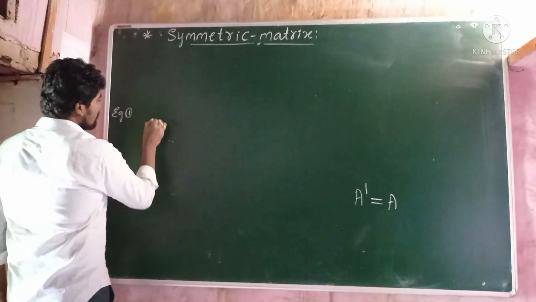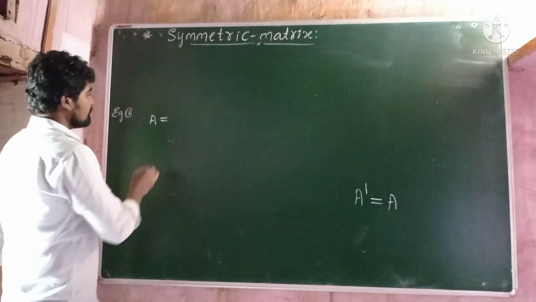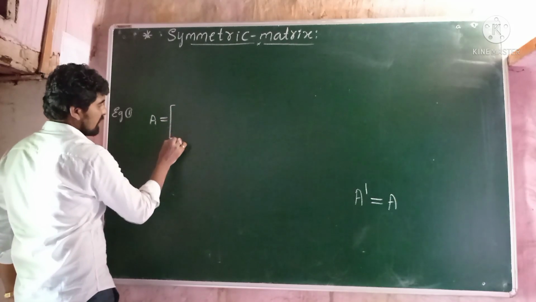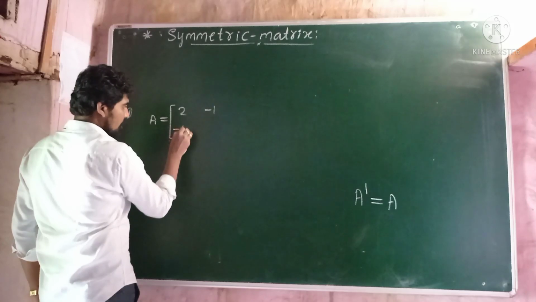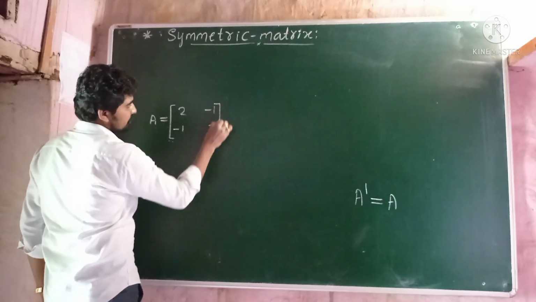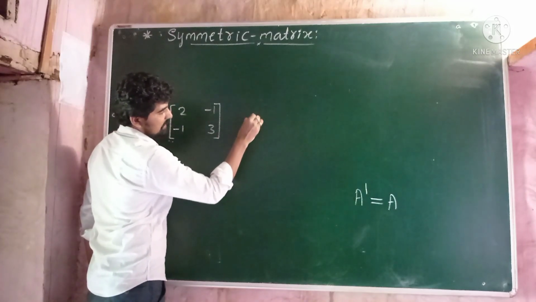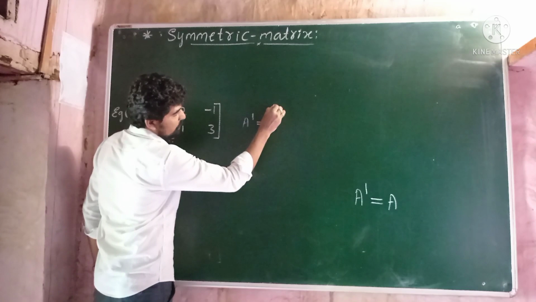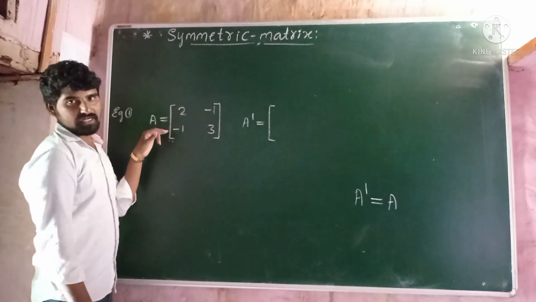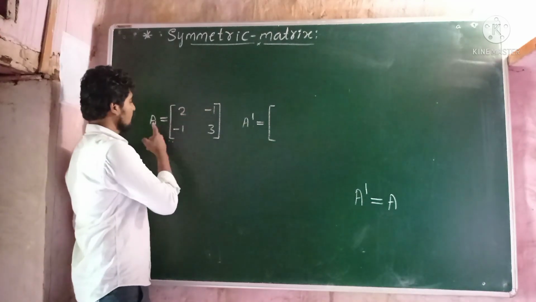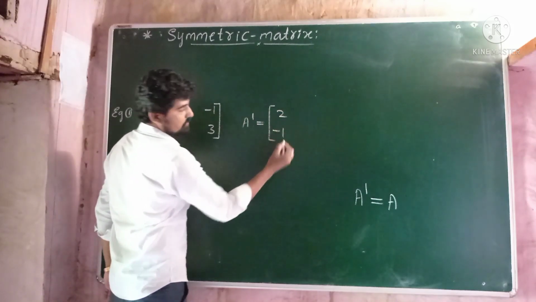Suppose A is any square matrix and elements of the matrix A are 2, -1, -1, 3. Transpose of the matrix A is A dash, which is obtained by interchanging rows and columns of the matrix A. It means first row of the matrix A becomes first column, 2, -1.